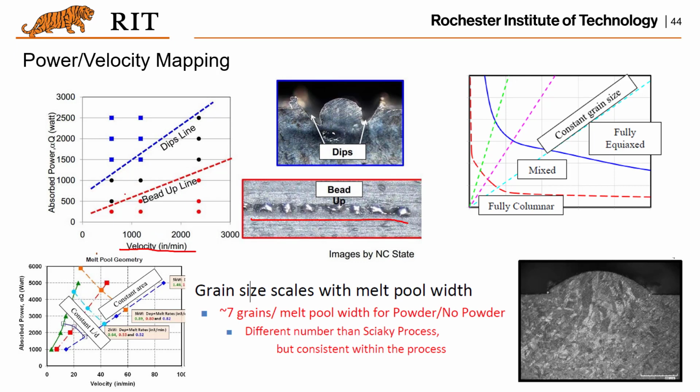In contrast, if you want to have a high power but lower velocity, what you end up with is these dips. Of course, you do not want either of the cases, and something in between will be desirable, but that requires experiments, setting up different velocity and power combinations to have such a mapping or curves.